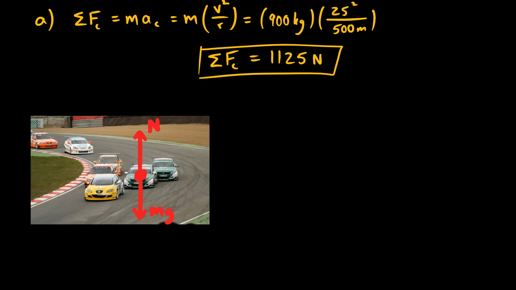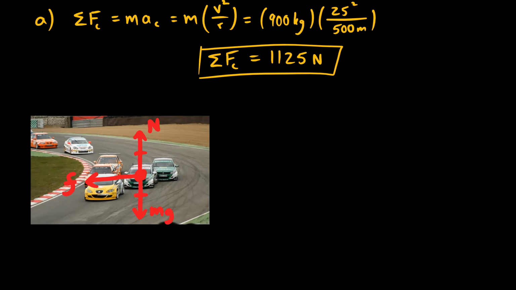So the friction is a centripetal force. It is pointing towards the center of that circular motion. If these are the only forces acting on the car, obviously we neglect air resistance and stuff like that, the car is not accelerating up or down, so these two vertical forces must be equal in magnitude.